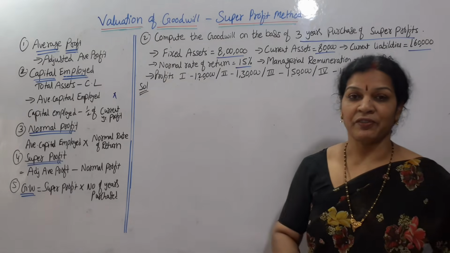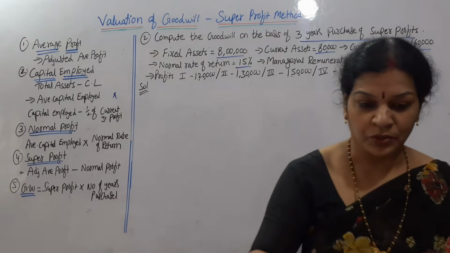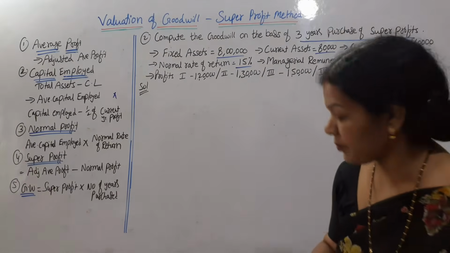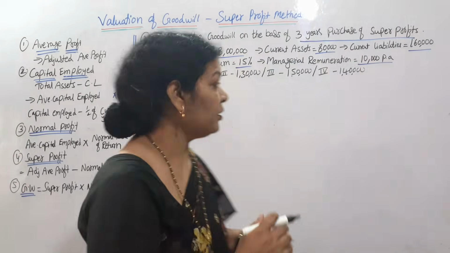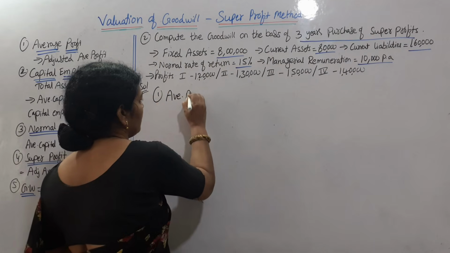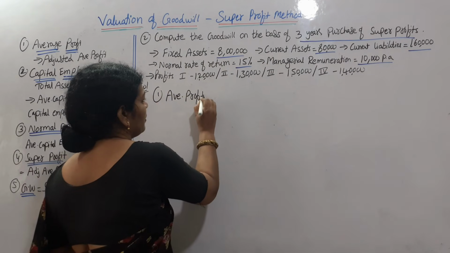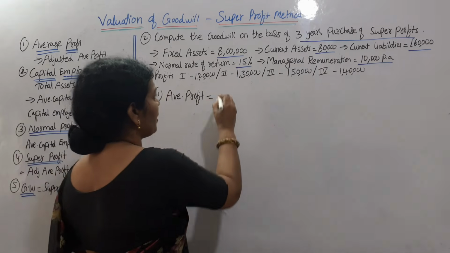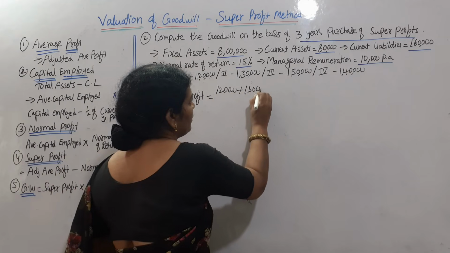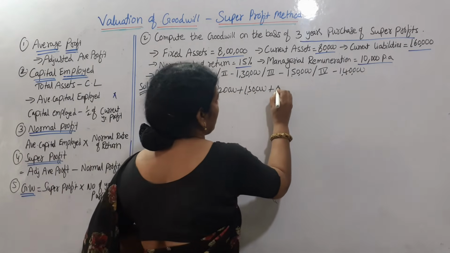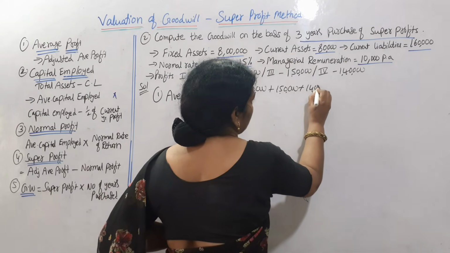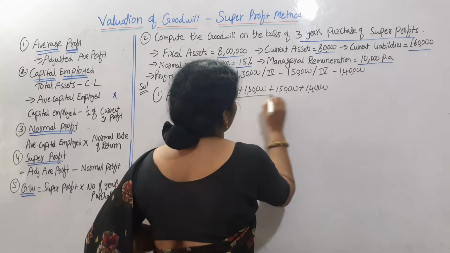What is needed first? Average profit. Okay, so I'll take this pen. First step, solution: average profit. Average profit means 1,20,000 plus 1,30,000 plus 1,50,000 plus 1,40,000, divided by 4.